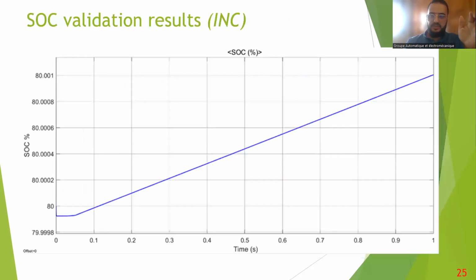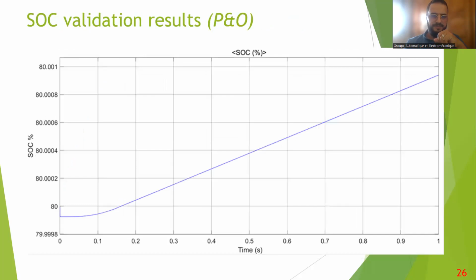For the state of charge, the SOC validation result, you can see that our battery is charging with the two methods, but the incremental is slightly better than the perturb and observe.